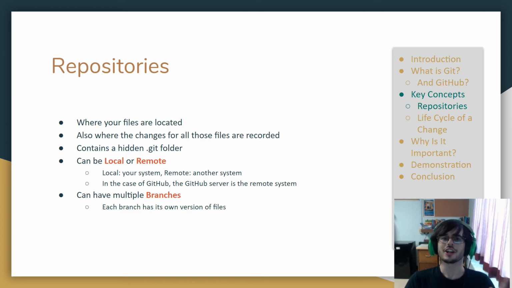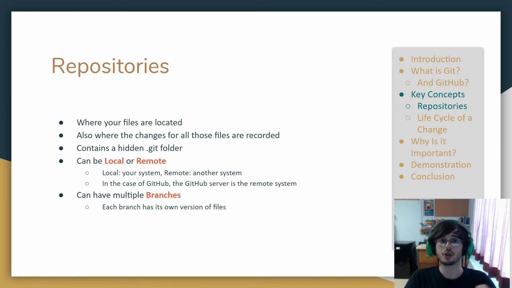Additionally, a repository can have multiple branches. And we'll talk about this a little bit more later, but the key thing is that each branch has its own files, its own version of the files. So if we need to do development on a file, changing two different aspects about it. Maybe we have our index.html file, our home file for a web page, and we need to add in a couple of different new features.